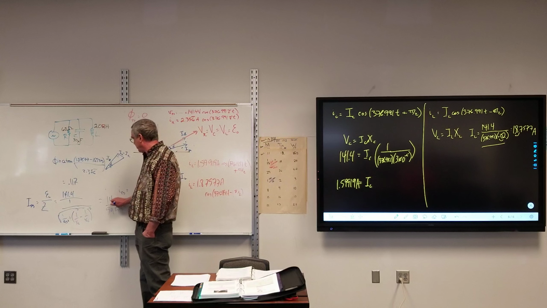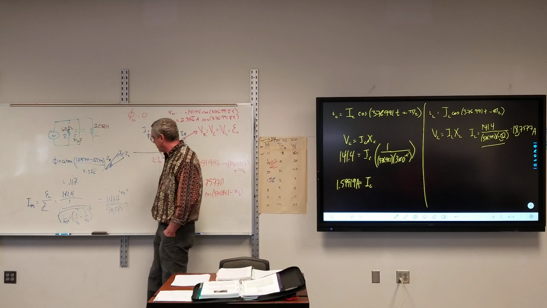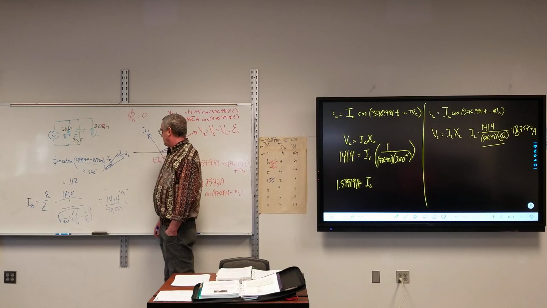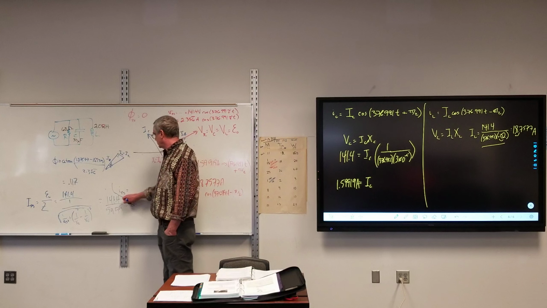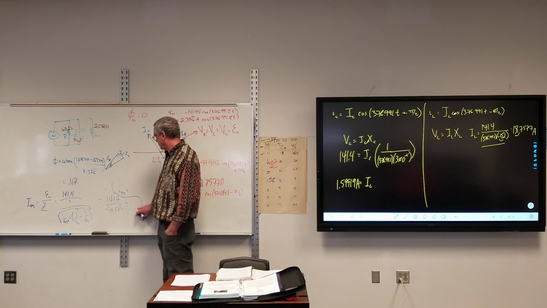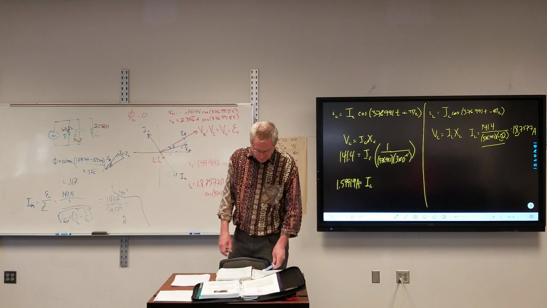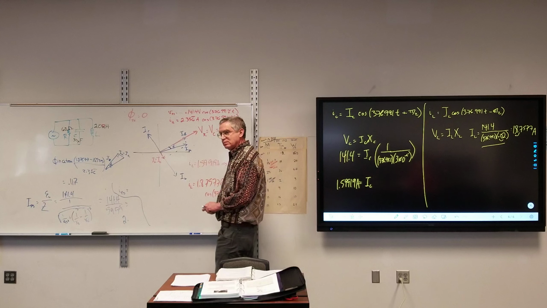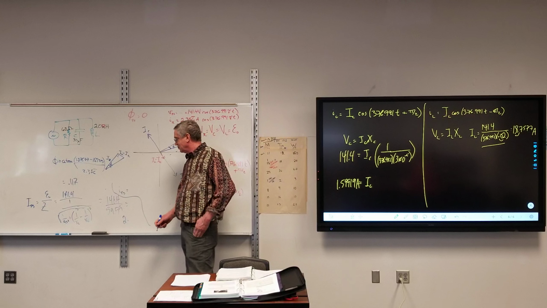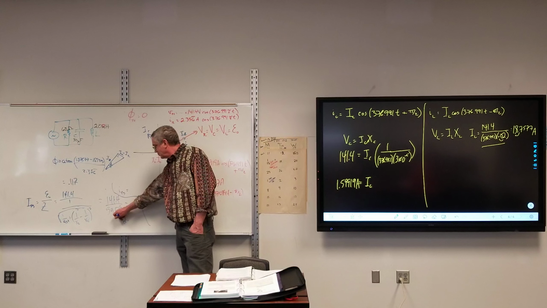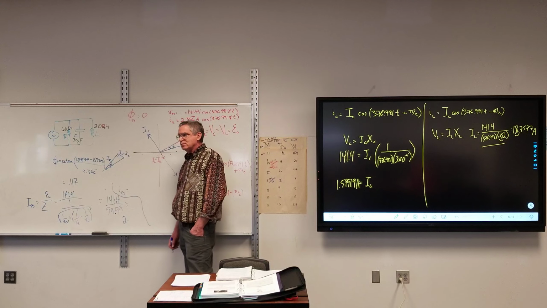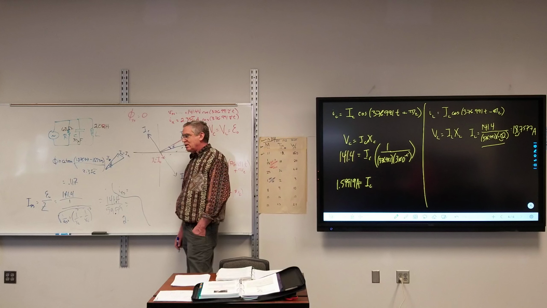So we got 141.4 divided by 59.9, which is 2 point something. Where's the decimal? I don't know what's going on, but 2.37.